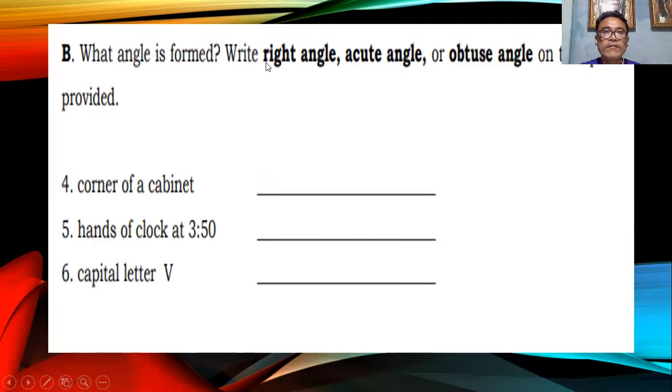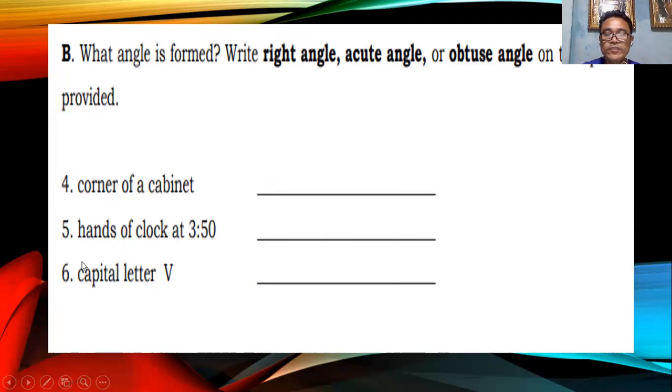Right angle, acute angle, or obtuse angle on the space provided. Number 4, corner of a cabinet. Number 5, hands of clock at 3:50. Number 6, capital letter V.